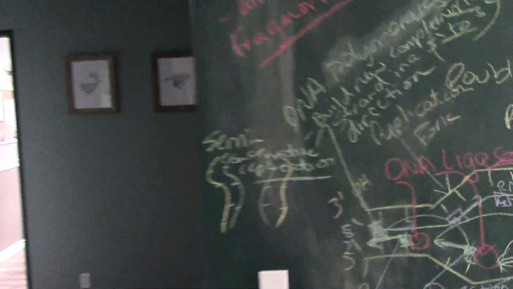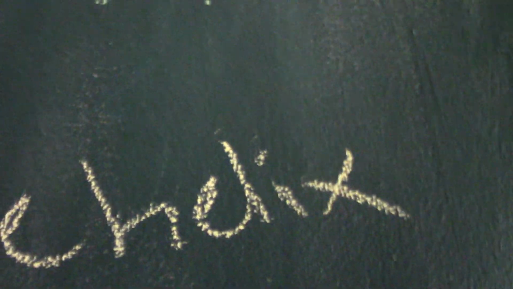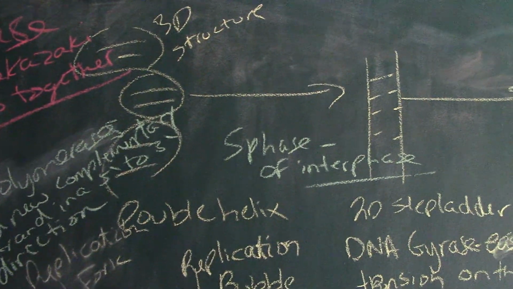Because half of the original strand is conserved, it's called semi-conservative replication. I will remind you that this happens during the S phase of interphase. And that is DNA replication.